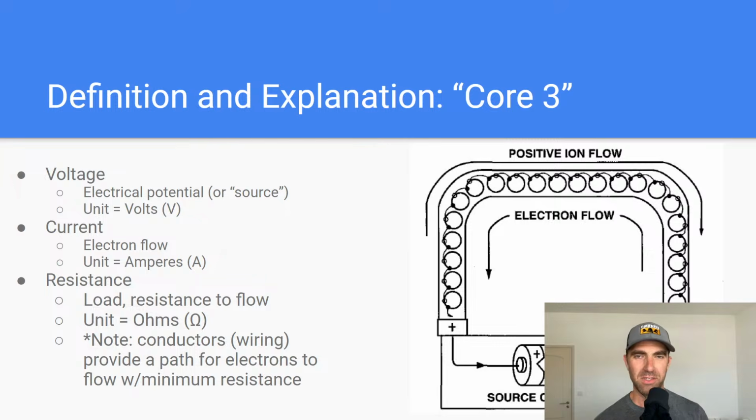So you can think of it like connecting a hose to your water source. Voltage is that potential, the source where you're turning the water on or off. The unit for voltage is volts, commonly used with the letter V. You'll also see the letter E, as in echo, representing voltage. So a couple of different ways that can be shown.